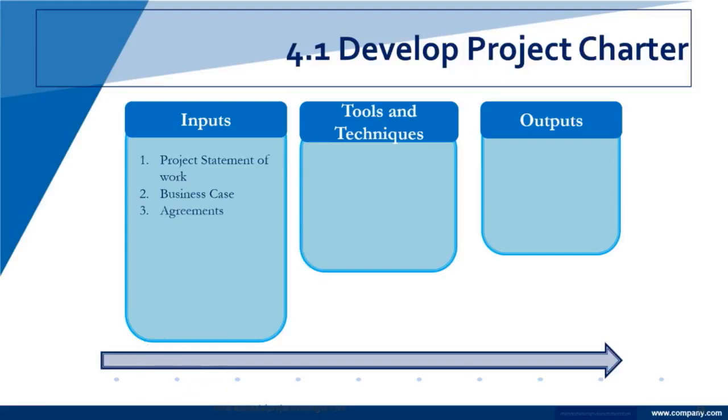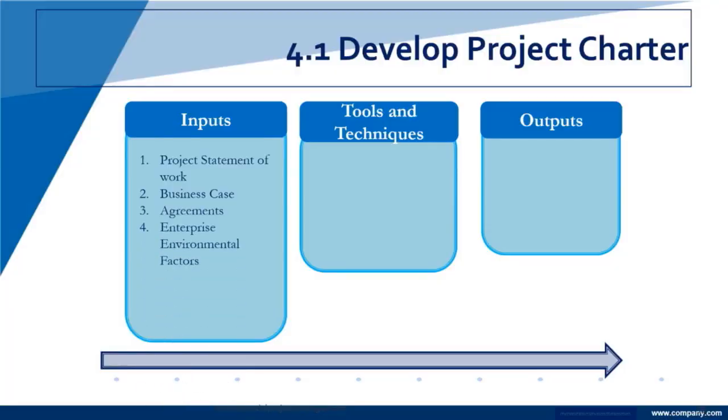We have agreements. Again, if you are working within an organization that has long-term vendor agreements that need to be followed, then you need to be aware of those. Those would be part of the charter and need to be part of how you are moving forward with your work.